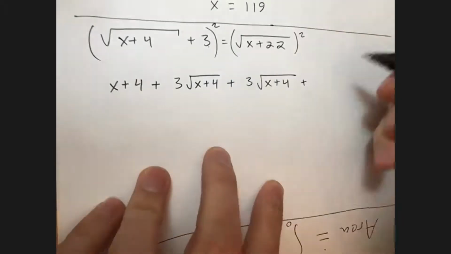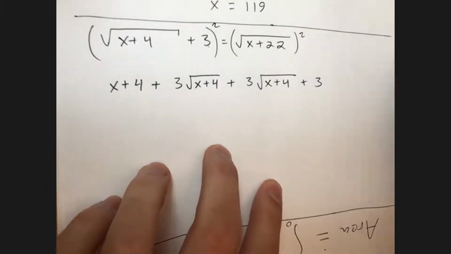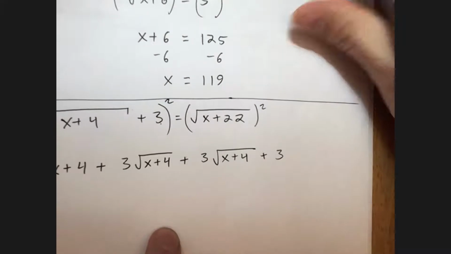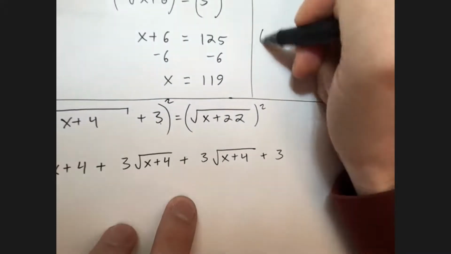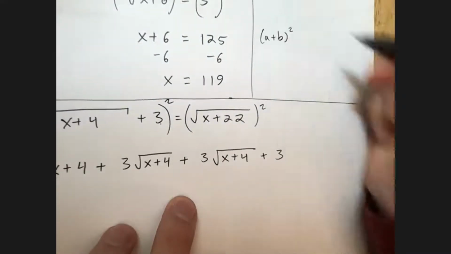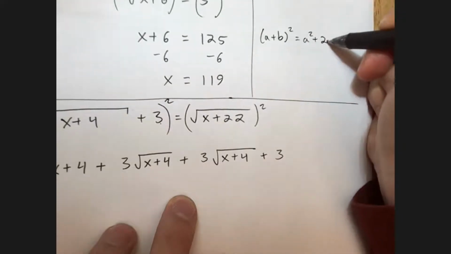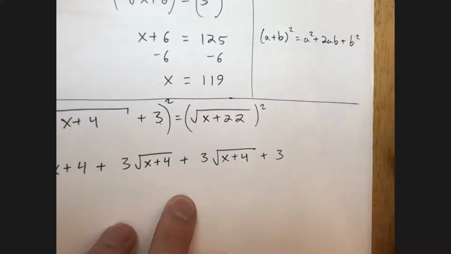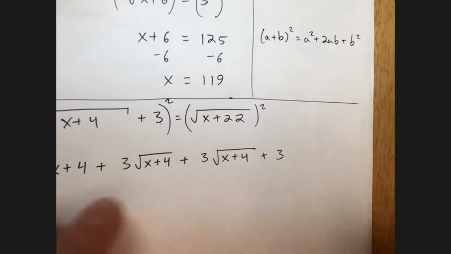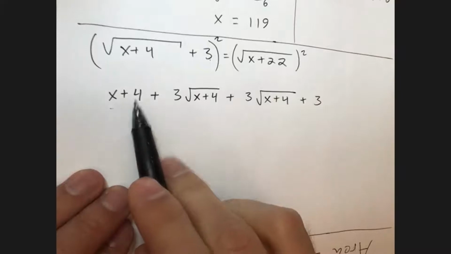Plus 3 times 3. So just to be clear, I'm using the formula here. When you square a plus b, you get a squared plus 2ab plus b squared. All right. Here we have a squared. That's what happens when you square this.